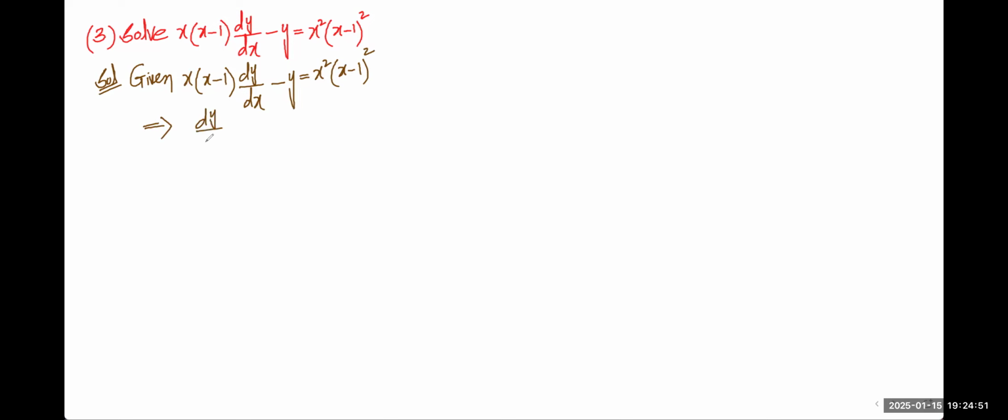So this becomes dy by dx minus 1 by x into x minus 1 into y is equal to x square into x minus 1 whole square divided by x into x minus 1. Okay. One square term, one this, cancel it.